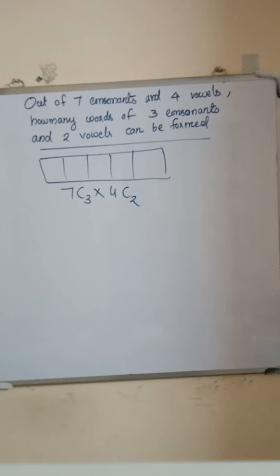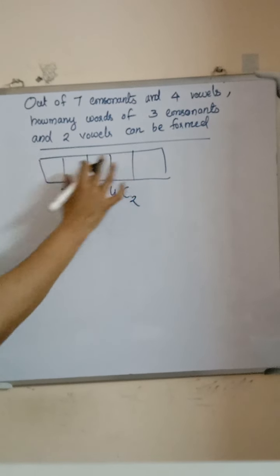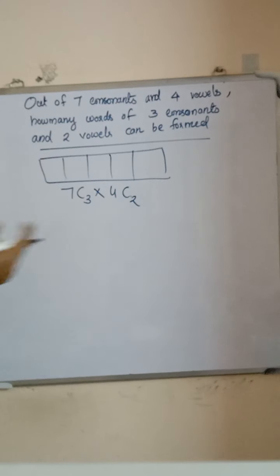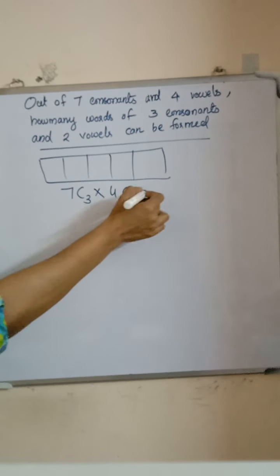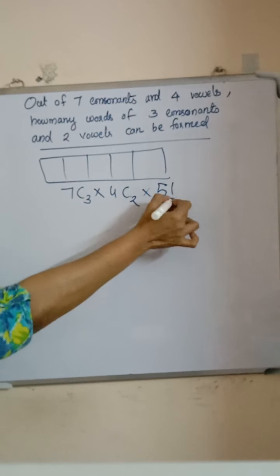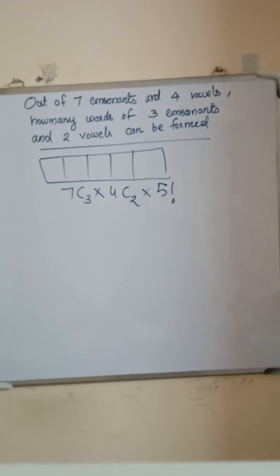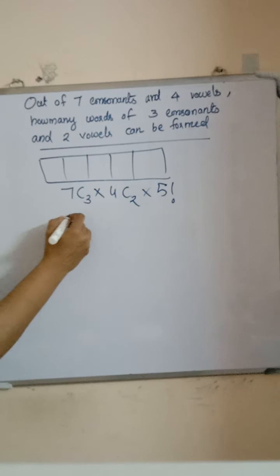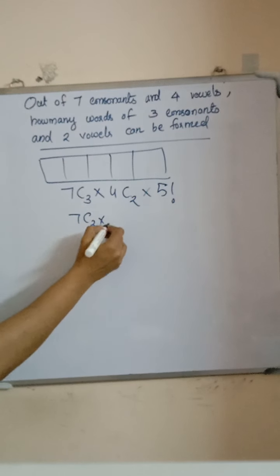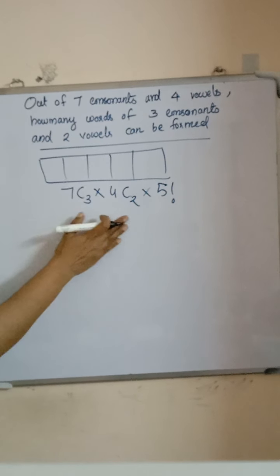Each group contains 5 letters, and these 5 letters can again be arranged in 5P5 ways, that is 5 factorial ways. So we multiply it with 5 factorial. Hence, the required number of words is 7C3 into 4C2 into 5 factorial.